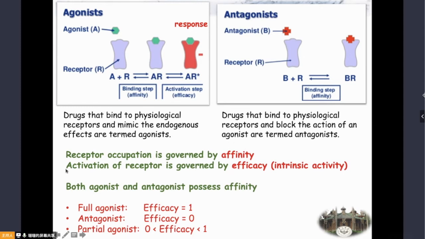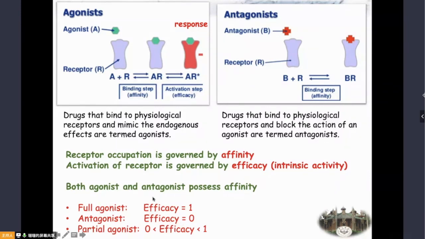And for the ability to activate the receptor, we use the parameter called efficacy. Some books refer to efficacy as intrinsic activity. So both agonists and antagonists possess affinity, but only agonists have efficacy. Antagonists have no efficacy.